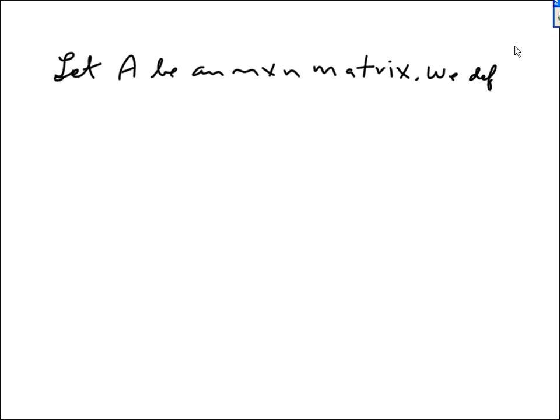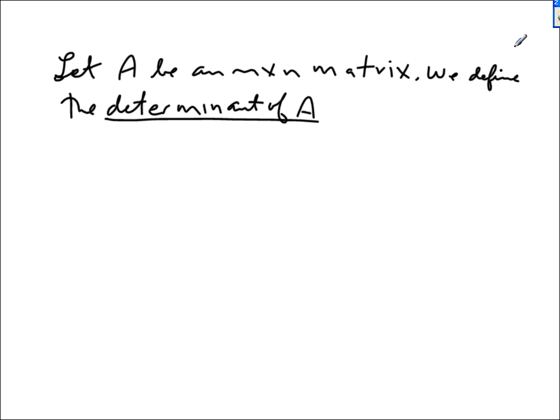We define the determinant of A, which is denoted by A with bars around it, by this definition.